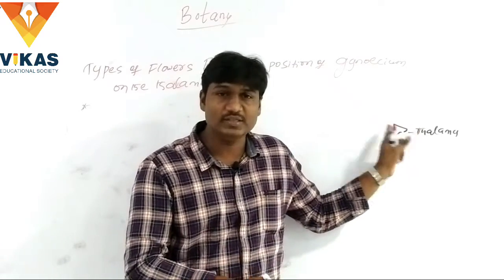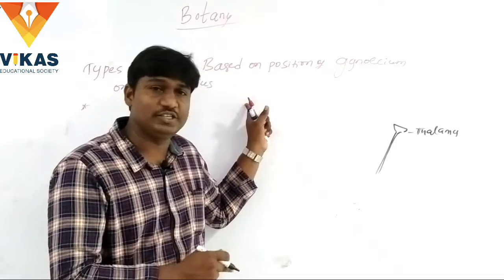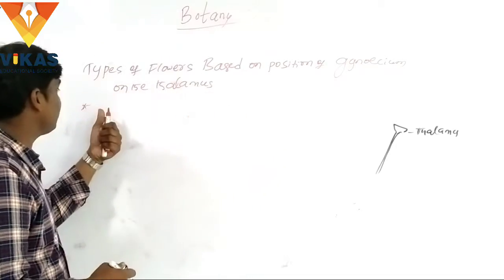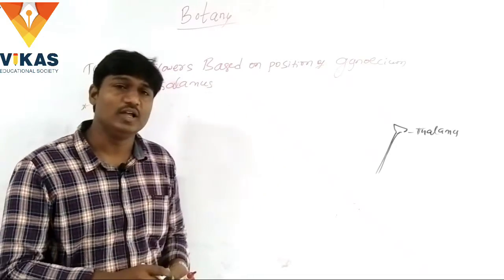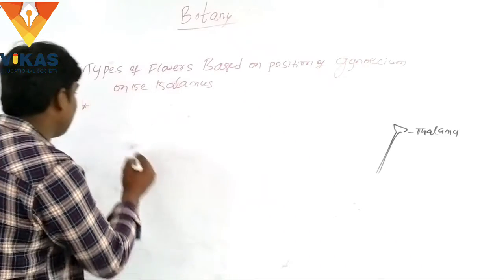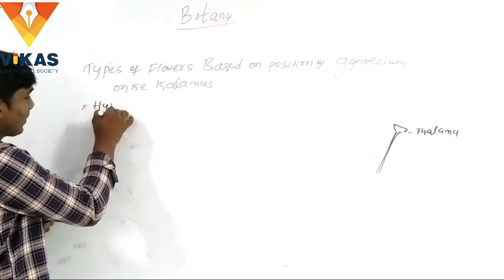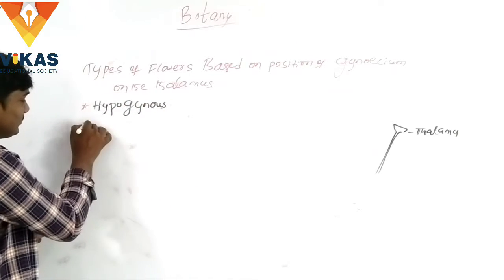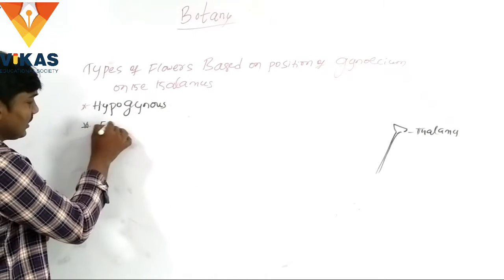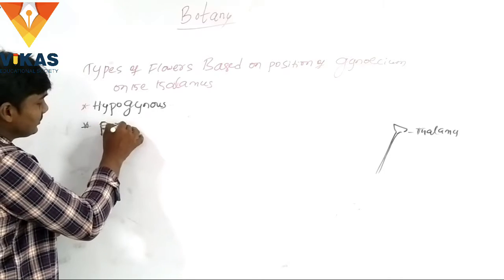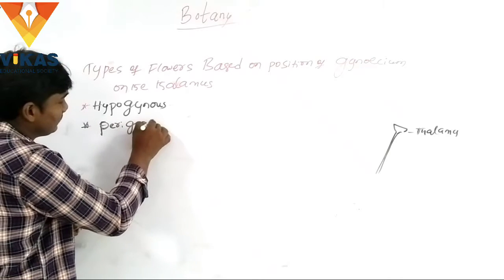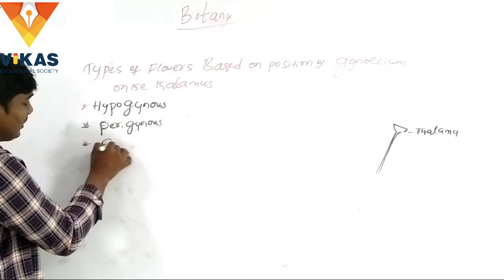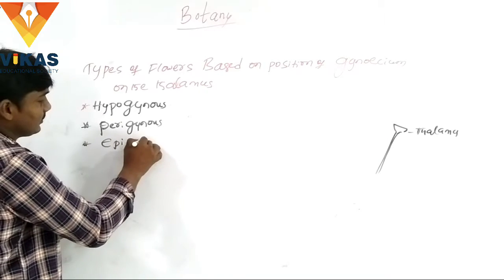Based on the position of the gynoecium on the thalamus, there are three types of flowers. First one is hypogynous flowers, then perigynous flowers and epigynous flowers.